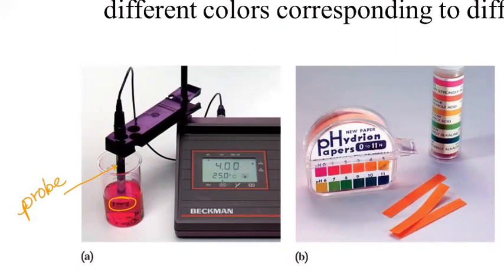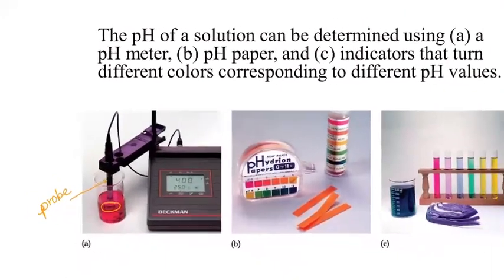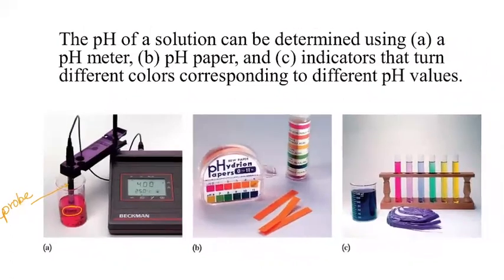Now, put a 1 in the chat if you have used pH paper, which is what we have in the illustration for letter B. Excellent. There's a number of you that have used pH paper. I think pH paper is one of those things in the laboratory that, if you have taken general chemistry or other chemistry courses, is available and relatively inexpensive.